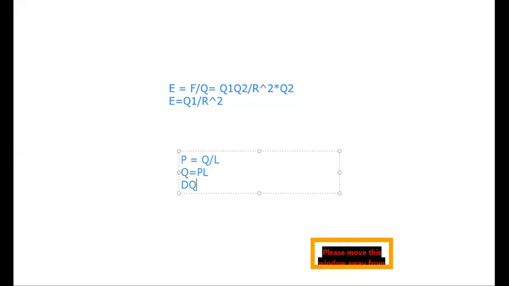That's why dq equal to rho l dl, where both the l's are subscripts. This is the same concept followed for line, surface and volume charge densities. Remember that point. Get it?